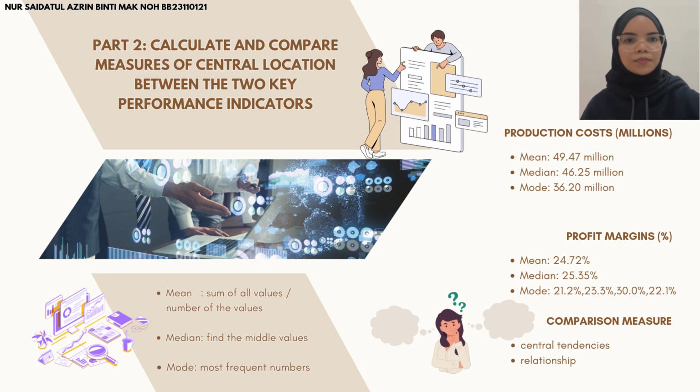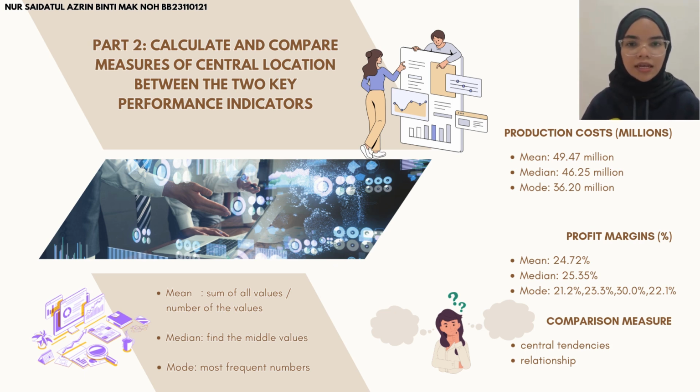For example, the number of observations is 30 companies, and after we total up all of the values of production cost, we get 1,484.2 millions, and we need to divide by 13, and we will get the mean for production cost, which is 49.4047 millions.